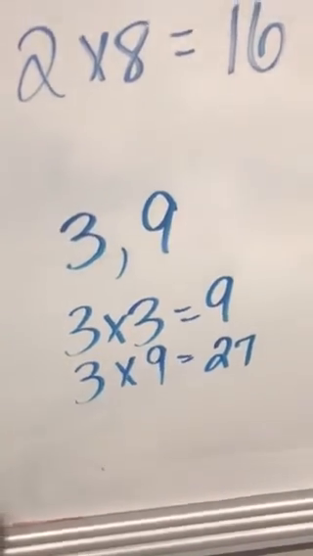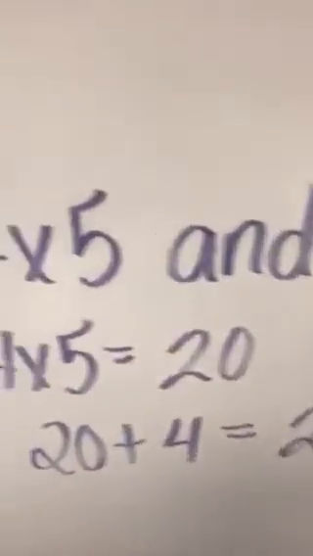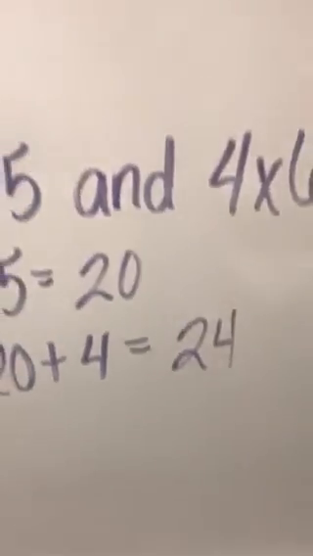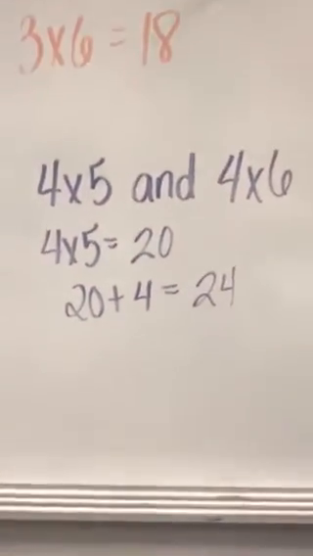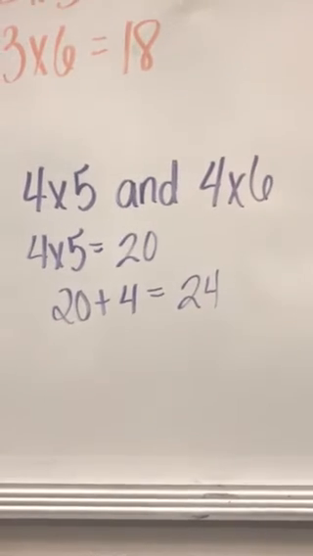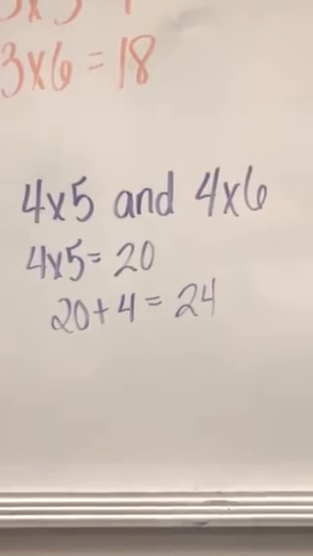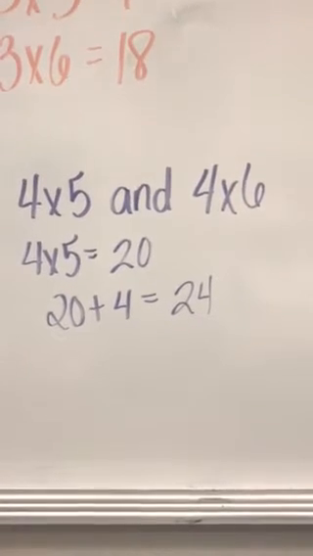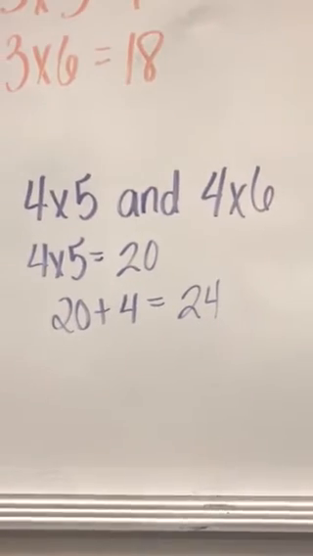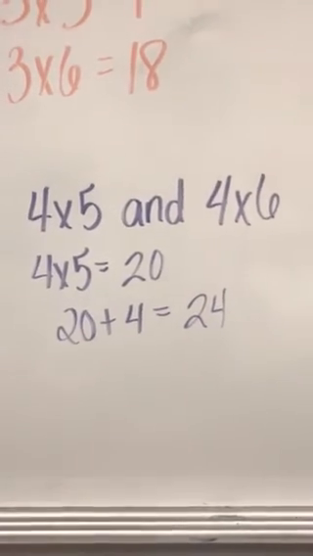Other combinations that your children can use when they're trying to figure out their facts using patterns would be, for example, if they were trying to figure out what 4 times 6 is. And maybe they forgot to use their 6 times 2 to help them figure out their 4 times 6, that double pattern. But they're really good at their 5s. So they might say, okay, fine, 4 times 5 is 20.